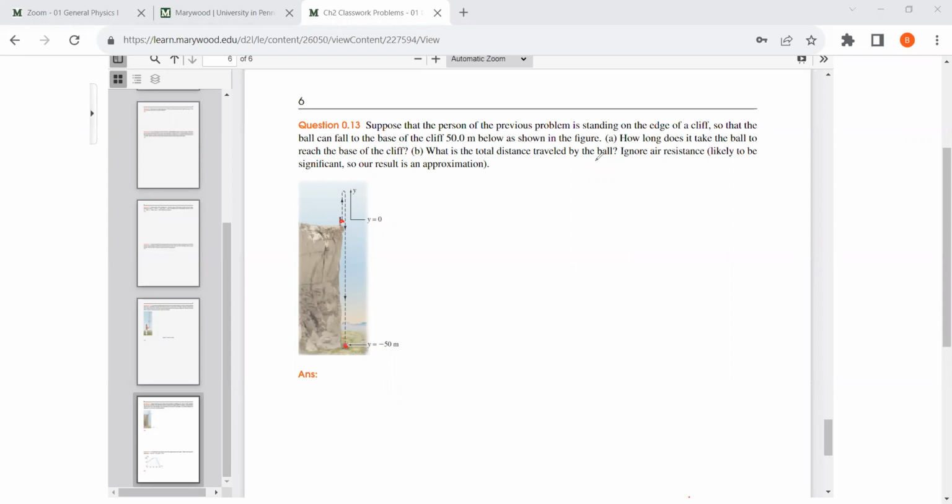Now you can solve it by using the given information and one of the kinematic equations, but here it's basically simple. Why is it simple? In the last problem, you already calculated that the distance from here to here is 11.5 meter. So in the last problem, let me go back.